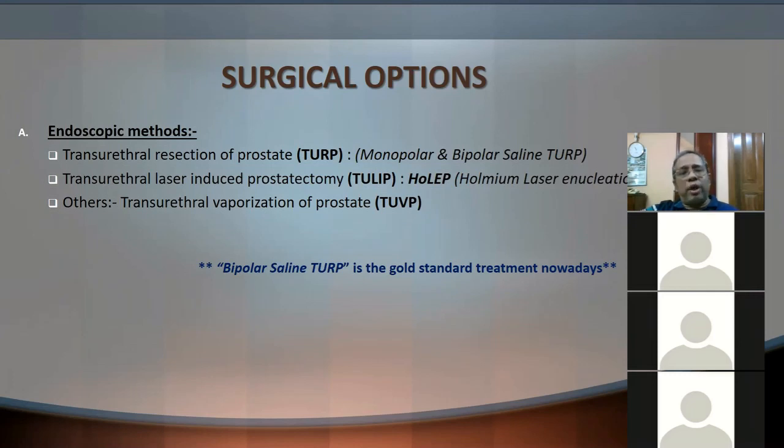TURP means transurethral resection of the prostate. TULIP means transurethral laser-induced prostatectomy. That means you introduce the holmium laser through the cystoscope, and the holmium laser is placed over the prostatic tissue. The holmium laser can dissect the enlarged part from the normal part and push the glandular tissue into the urinary bladder.